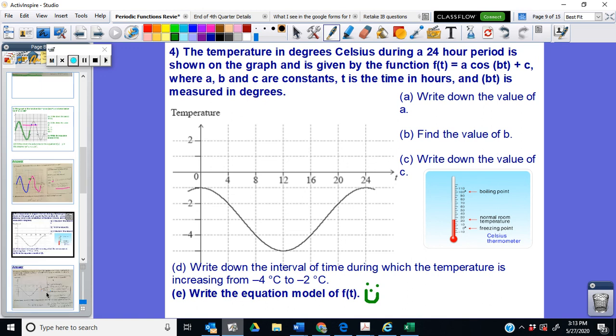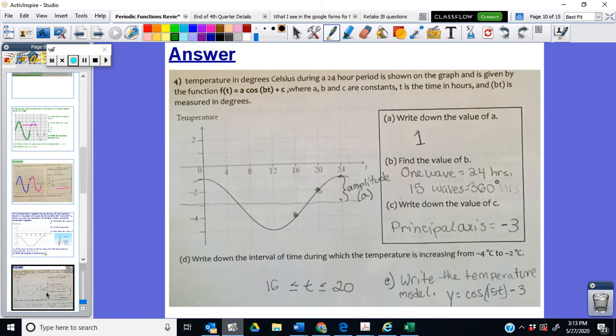So let's take a look at our solutions. So here we can see that the amplitude is 1, and 1 wave occurs in 24 hours. That makes sense. The same time 24 hours from now is likely going to be around the same temperature. So 1 wave is 24 hours.